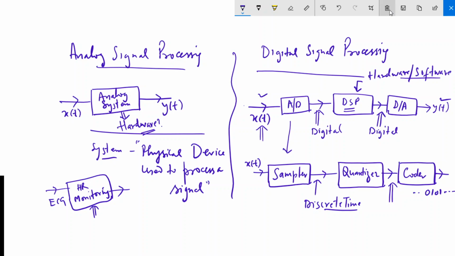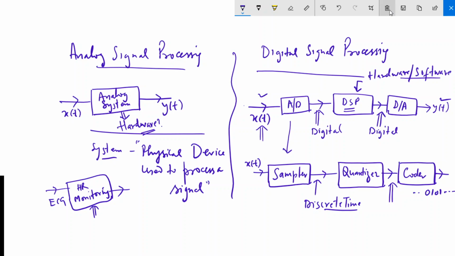Even the parameters of the components, like in a transistor, you have seen that with respect to temperature or aging, all the parameters like the h parameters or the reverse saturation current change. As a result it becomes difficult to control the performance in analog systems, whereas DSP systems can be easily handled, or you can say they are more robust to noise or fluctuations.